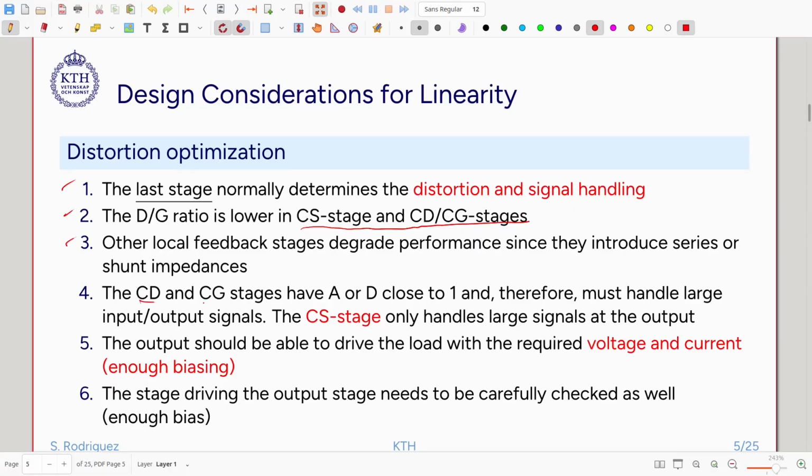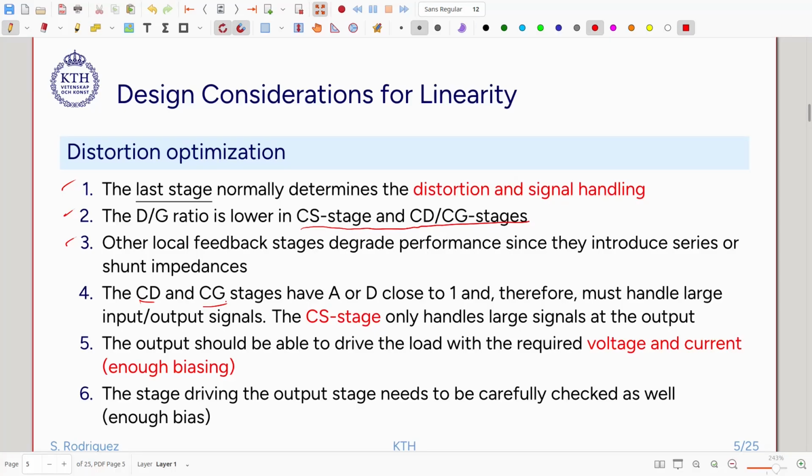Now, the common drain and common gate stages have one parameter that is equal to 1, and therefore they must handle, both at the input and the output, the same current or voltage depending on whether it is common drain or common gate.